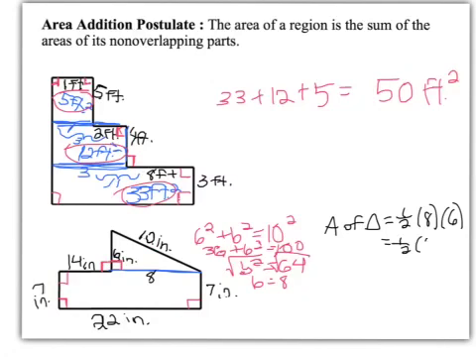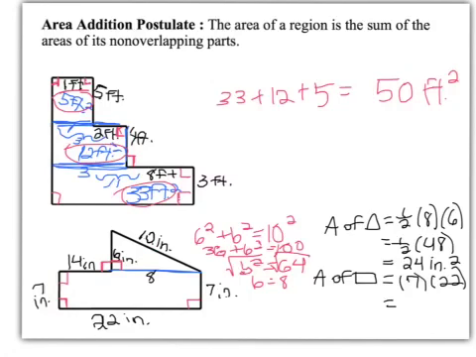So 1/2 of 48 gives us 24 square inches, to the area of the rectangle, which is 7 times 22, which gives you 154 square inches. Then we add the area of the triangle to the area of the rectangle, and we get 178 square inches.